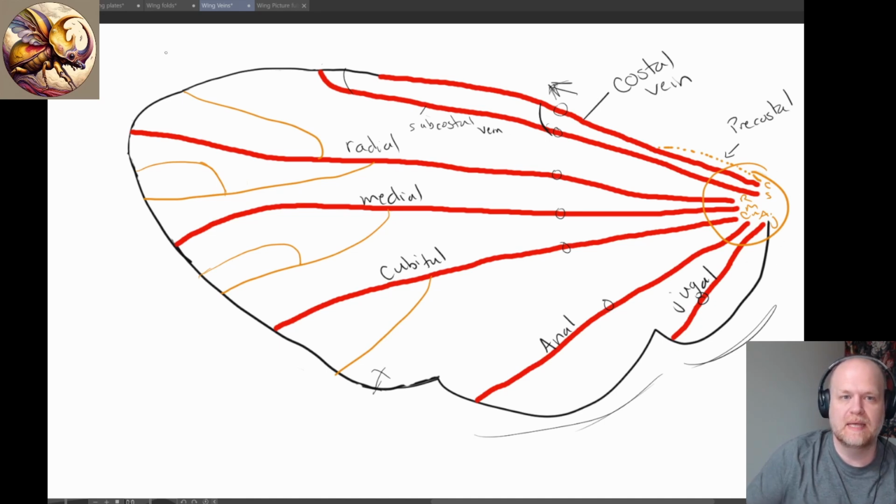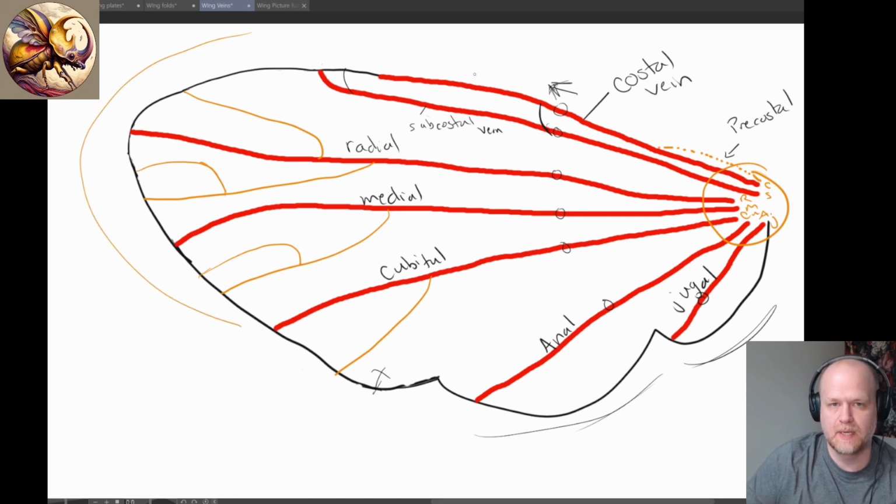So don't try to necessarily start naming from the apex end, because it just gets very, very confusing. When veins split, they are labeled 1 through 5 generally at the points on the apex. So in this case, this would be radial 1, radial 2, radial 3, and radial 4.